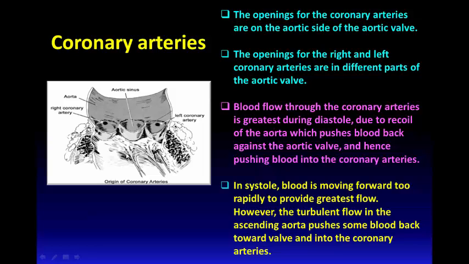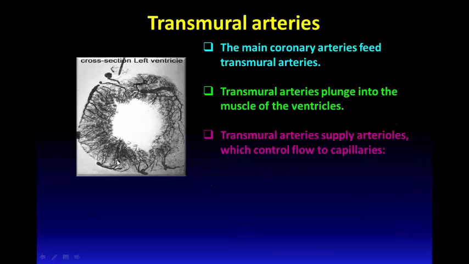On the other hand, in systole, blood is moving forward too fast to provide the greatest flow. However, the turbulent flow in the ascending aorta pushes some blood back toward the aortic valve and into the openings of the left and right coronary arteries.